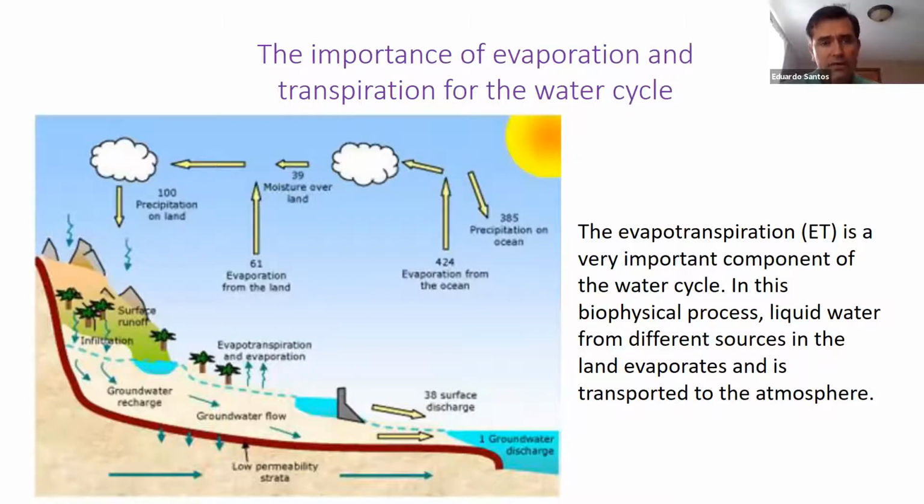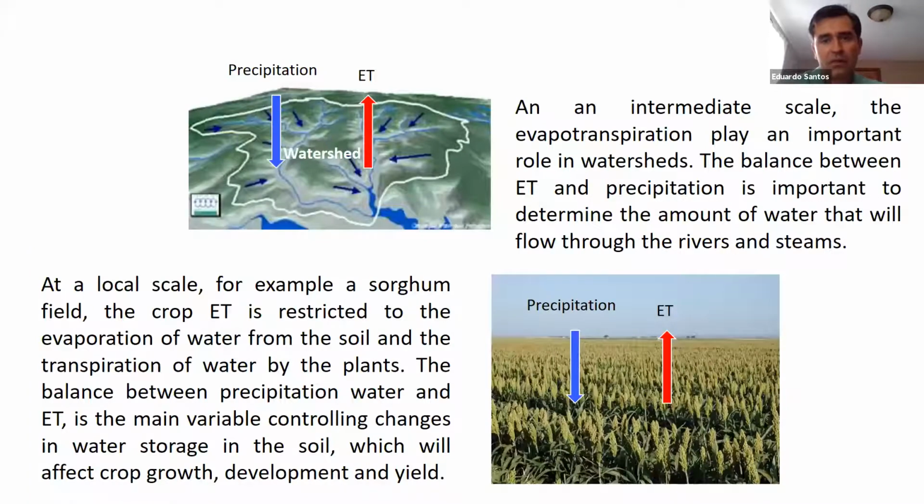On a smaller scale, if you think about a watershed scale, evapotranspiration is an important variable to determine how much water is actually left at the watershed. So you're looking at the balance there between ET and precipitation.